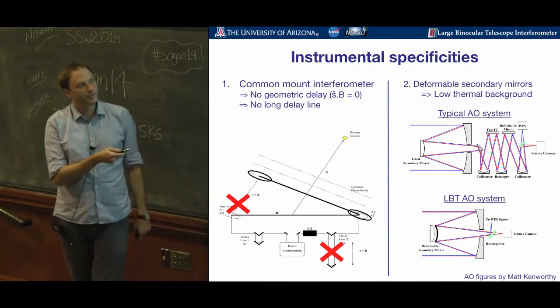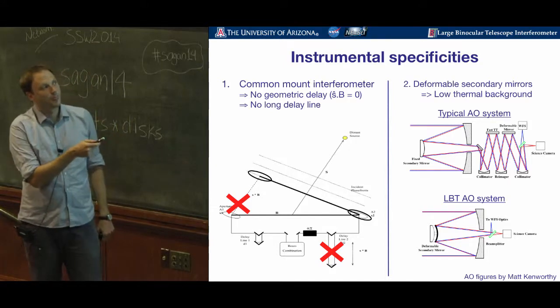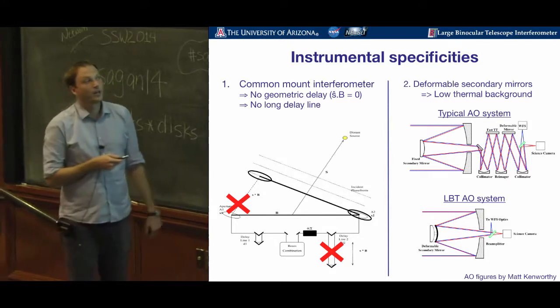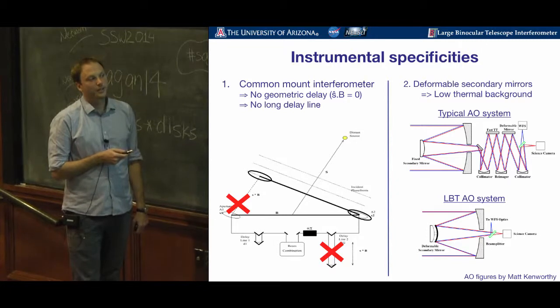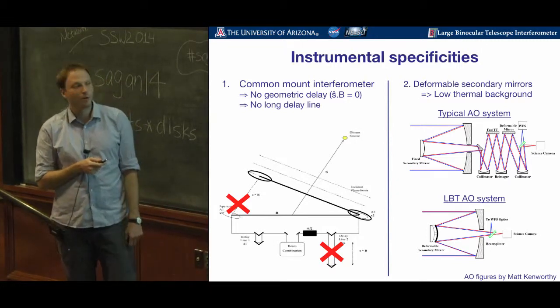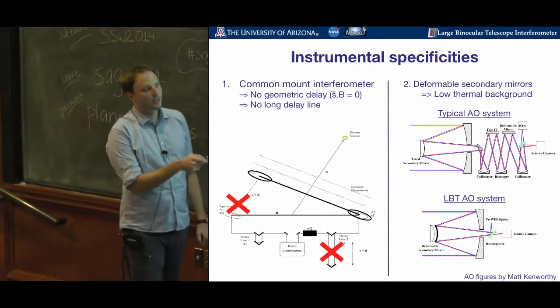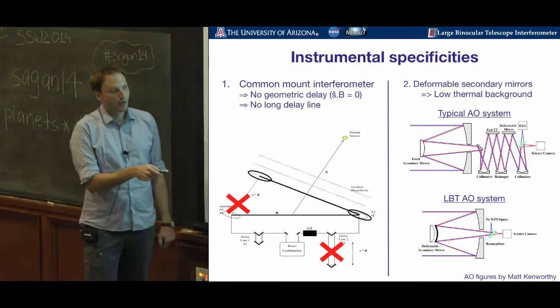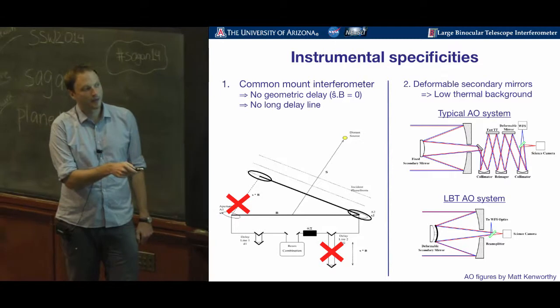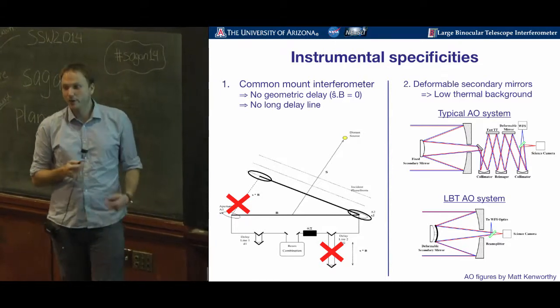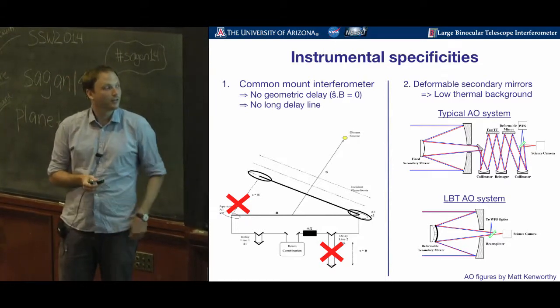The other key parameter is the deformable secondary mirrors, which require really few warm optics. So this is a sketch of a classical, typical AO system. This is the LBT AO system, with much less optics, meaning that we have a really good sensitivity in the thermal infrared.